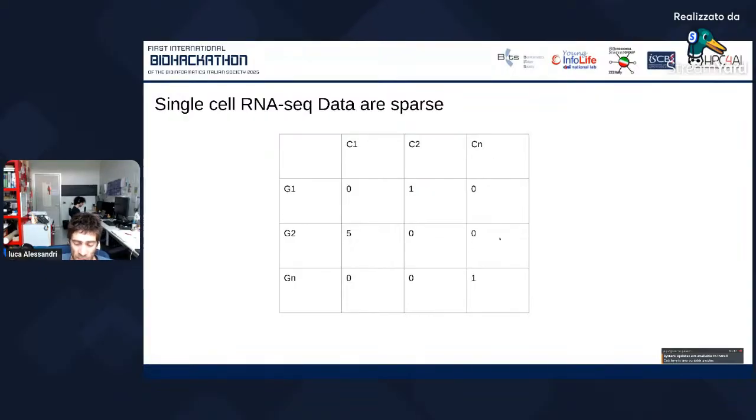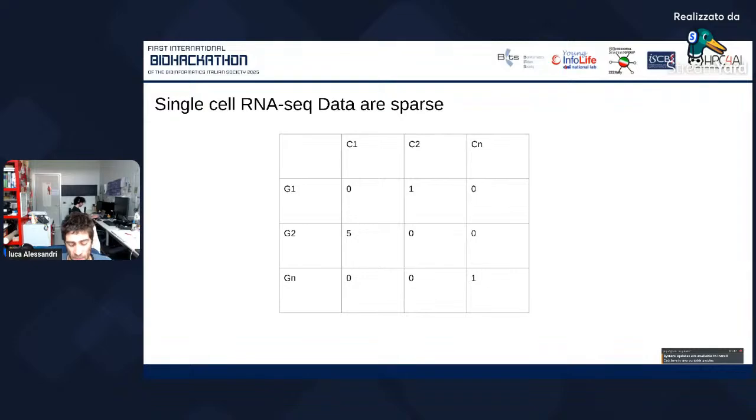Maybe we just sequenced it not deeply enough, or maybe the instrument was not sensitive enough to detect this gene. We were just unlucky. We are talking about an amount of data that is really hard to manage and to handle. So having zeros that we are not sure are real or technical in our data is really hard. And of course, as you can imagine, a zero can change everything in the statistics.